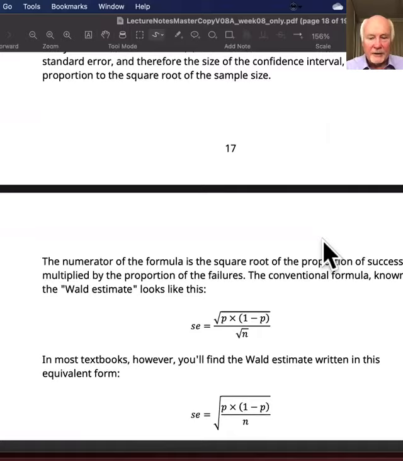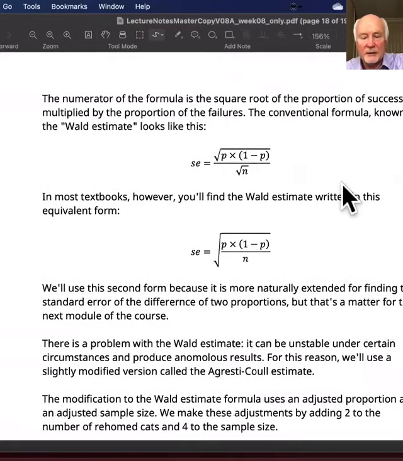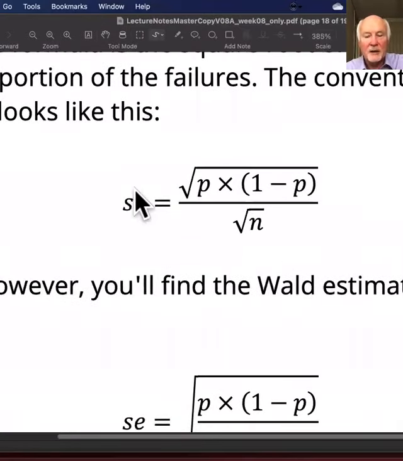Now the numerator in the formula, here's the first version of the formula, is the square root of the proportion of successes multiplied by the proportion of failures. So you've got the square root of n on the bottom, and you've got the proportion, that's 0.6, multiplied by the proportion of failures, that's cats that were not rehomed.